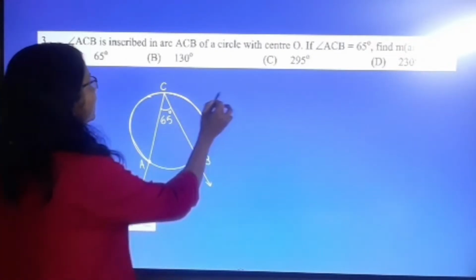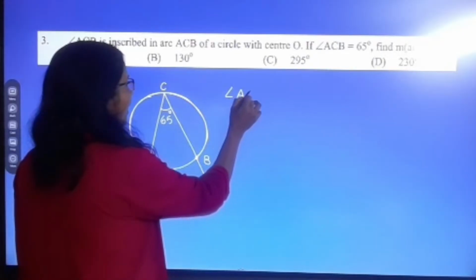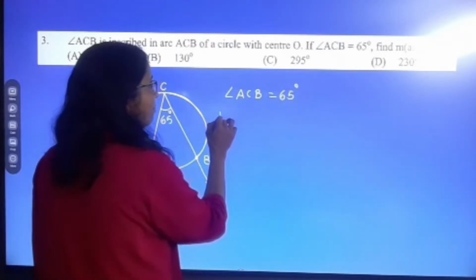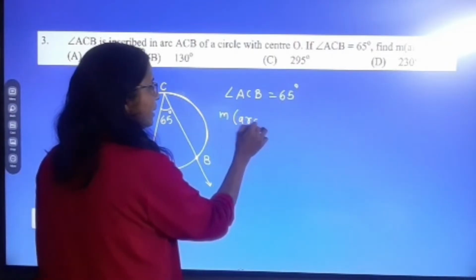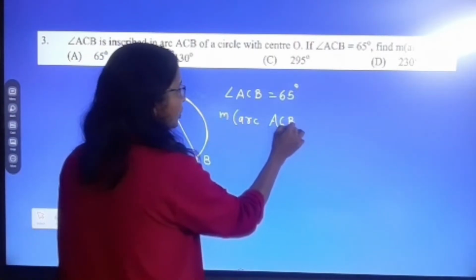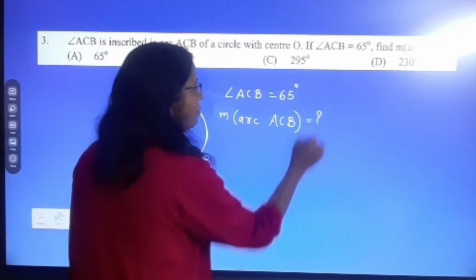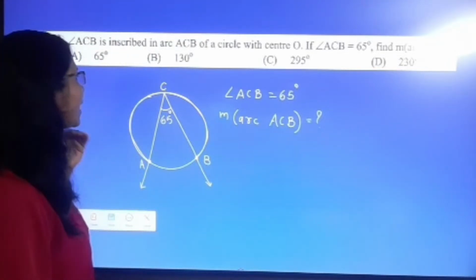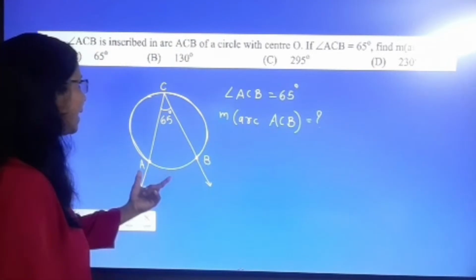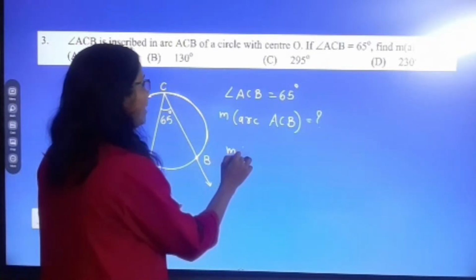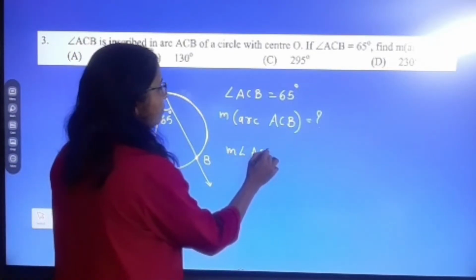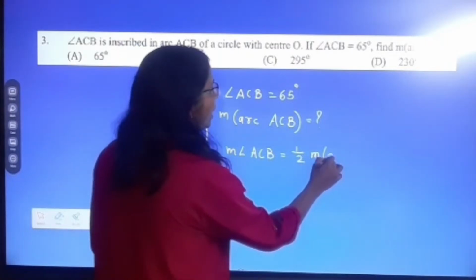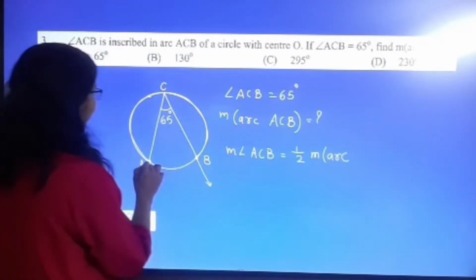So here I write angle ACB is equal to 65 degree and measure of arc ACB is equal to question mark. But here students, by the inscribed angle theorem, measure of angle ACB is equal to 1 upon 2 major arc AB.